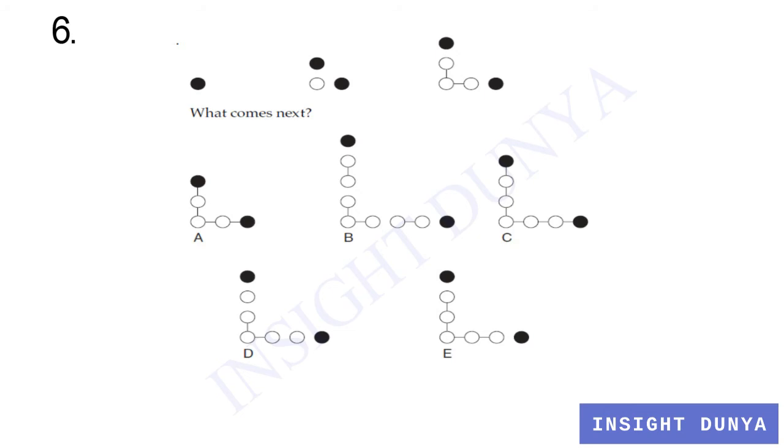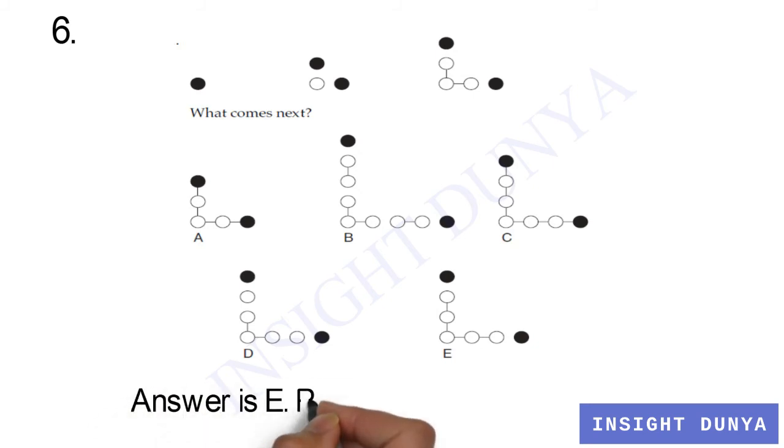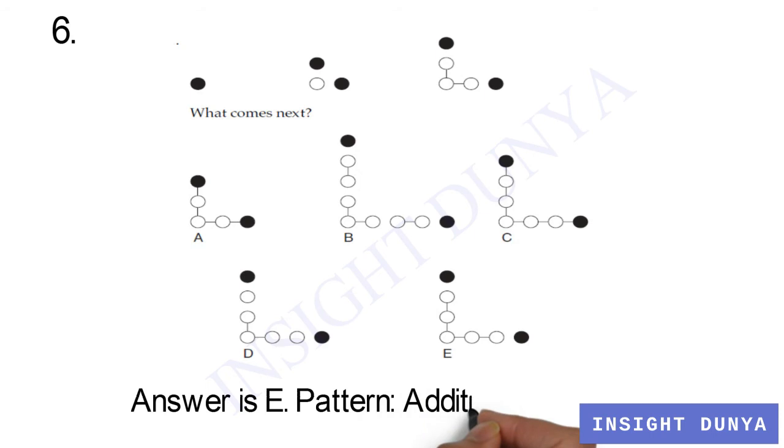So according to this pattern, one more white dot must be connected vertically as well as horizontally, and the number of black dots must not change, and the black dots must not be connected to the white dots. Looking at all the options, you can see that only option E fulfills this pattern. So answer is E, and the pattern is addition of dots and connection of dots.